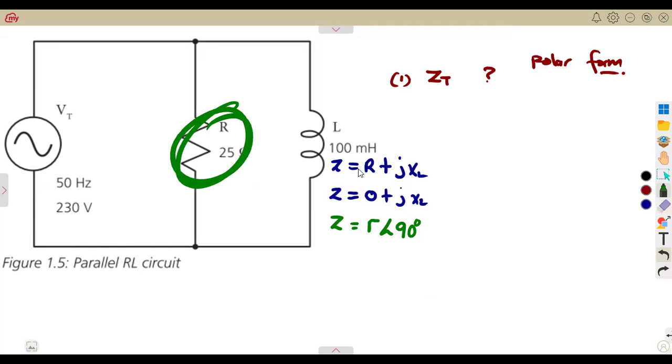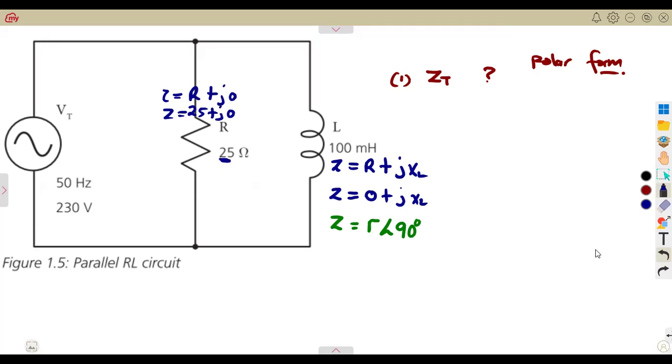This one is purely resistive there. We do not have any imaginary part. We do understand that our Z is supposed to be given as R, but we do not have the plus jXL. So it will be plus 0 there. We do not have anything. So our Z is just equal to the resistance. So that's 25 plus j0 like this.